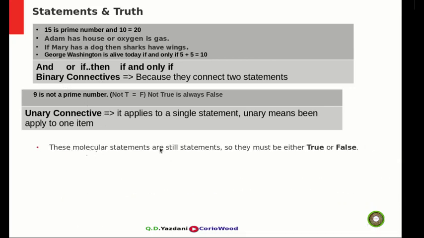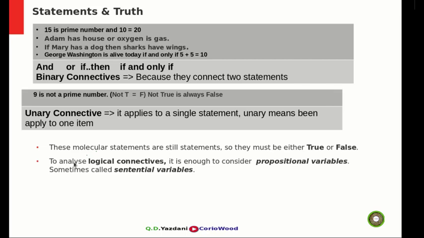These molecular statements are still statements, so they must be either true or false. To analyze logical connectives, it is enough to consider propositional variables, sometimes called sentential variables. Usually capital letters in the middle of the alphabet, P, Q, R, S. Sometimes you see lowercase letters p, q, r, s.